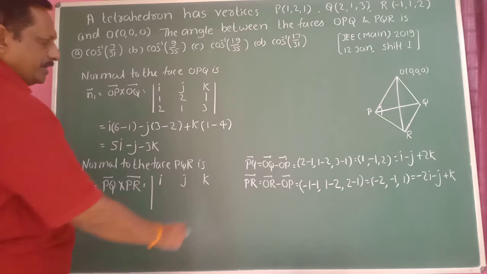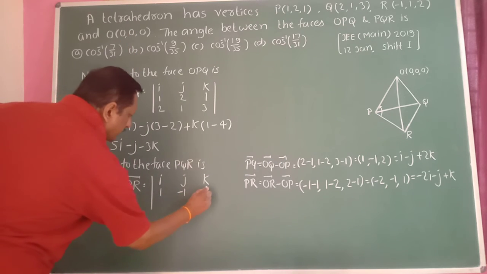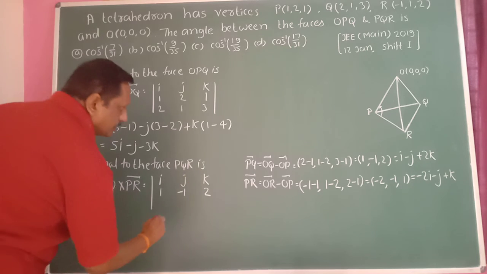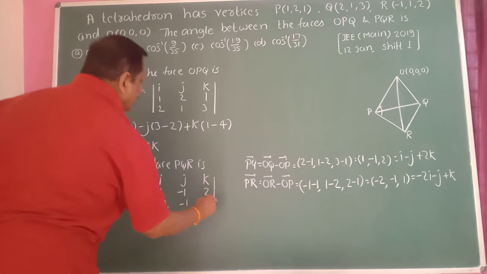So write PQ: 1, minus 1, 2. Then PR: minus 2, minus 1, 1. Then expand it.